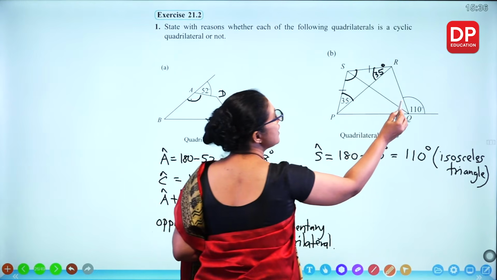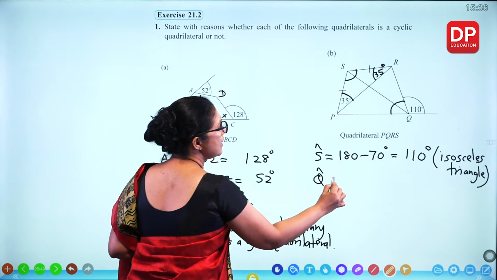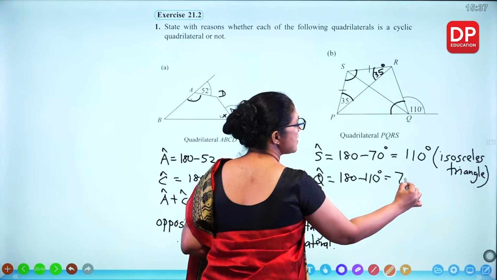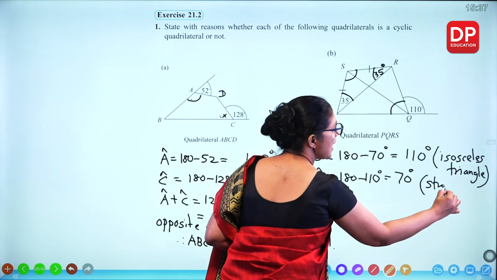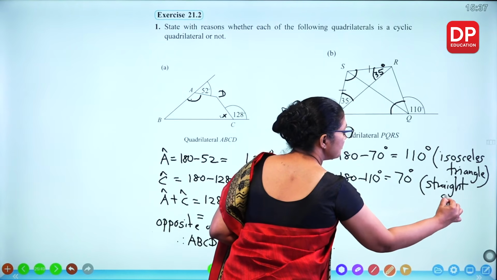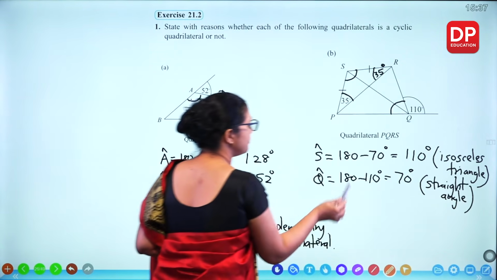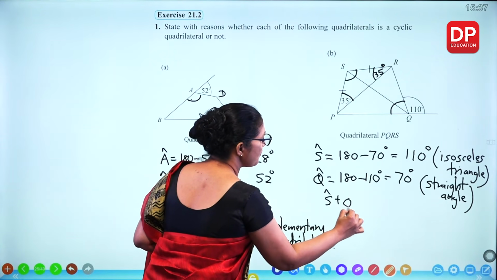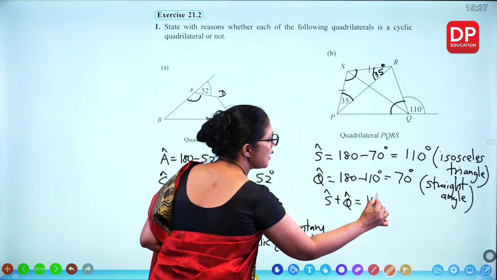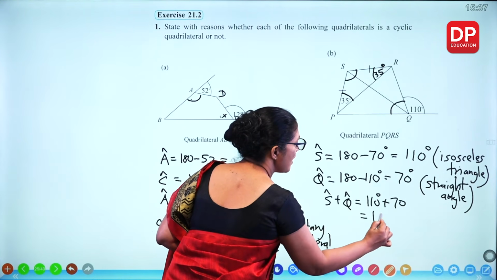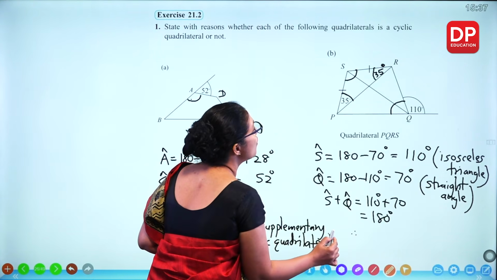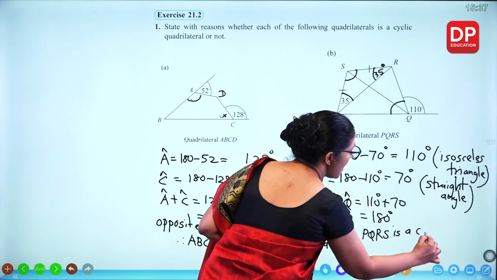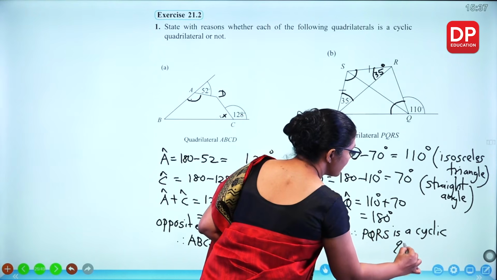Then what about Q angle? Q angle is 180 minus 110. That's 70 because of straight angle. Now add and see S and Q. S plus Q is 110 plus 70. You get 180. So therefore, PQRS is a cyclic quadrilateral.